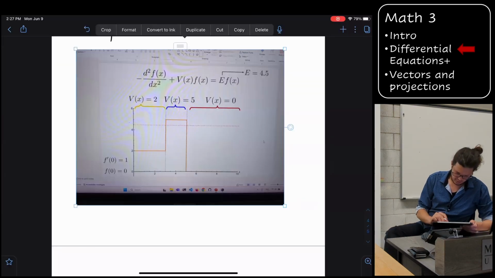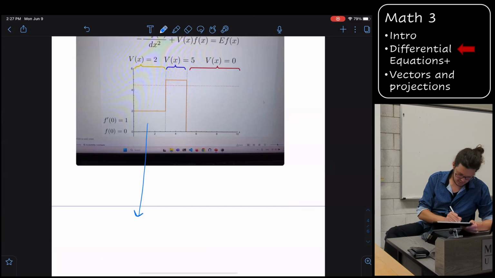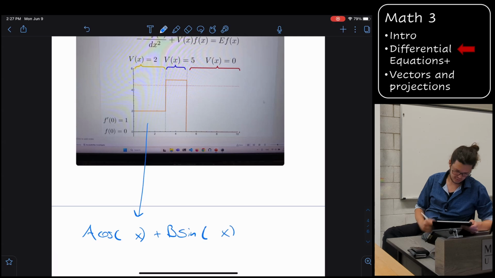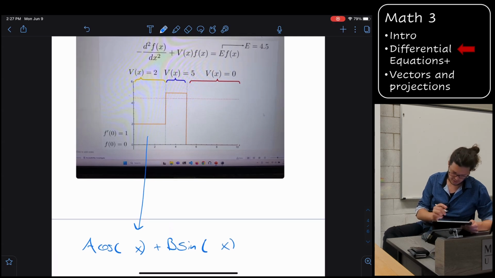So basically, the solution in here should look like a times cosine of something x, some frequency, plus b sine of something x, the same frequency, and the frequency is going to be given by the subtraction between this number and this number, so 2.5.